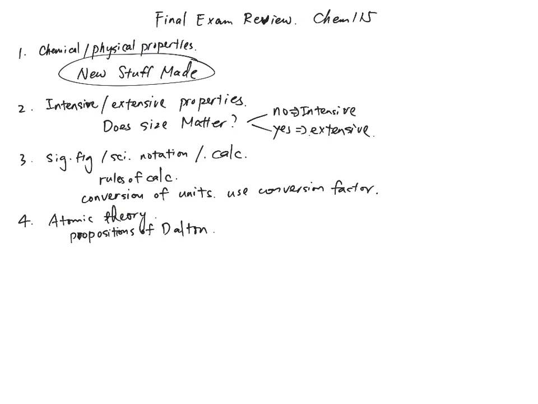Atoms combine with each other in fixed whole number ratios to give compounds, and in chemical reactions, no atoms are being made or disappearing. They just shuffle and switch into different combinations. Those are Dalton's propositions.